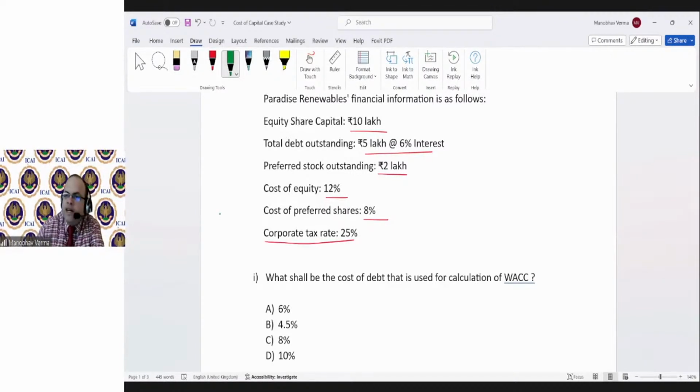I think the immediate answer was, everyone is like, that is a easy slice of cake. Everyone is thinking that, okay, they have given us the interest of 6% here. So 6 into 1 minus 0.25. So everyone is like option B, 4.5. That's very nice. I hope everyone is on the same page.